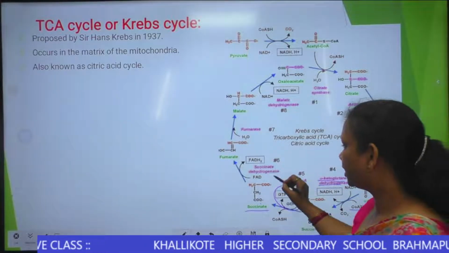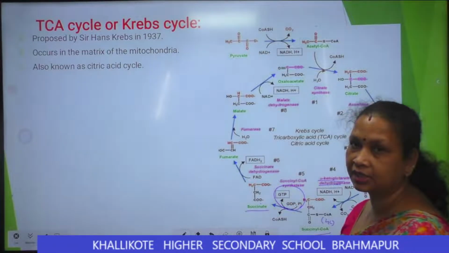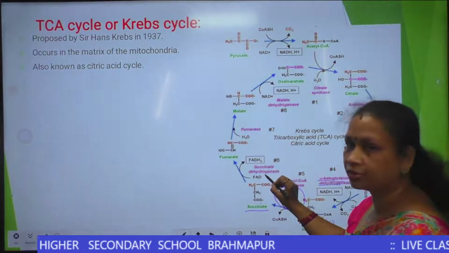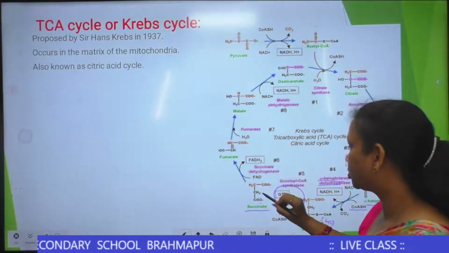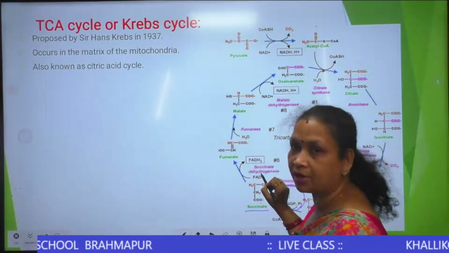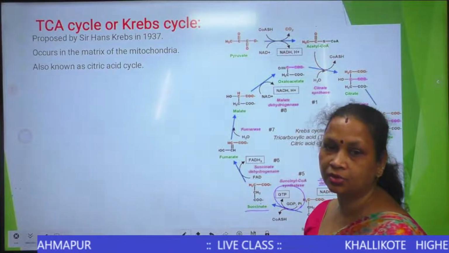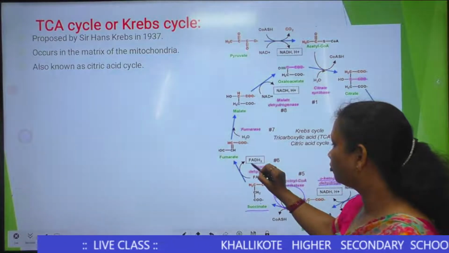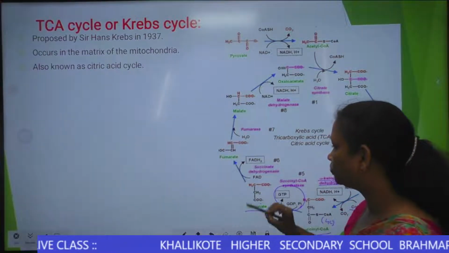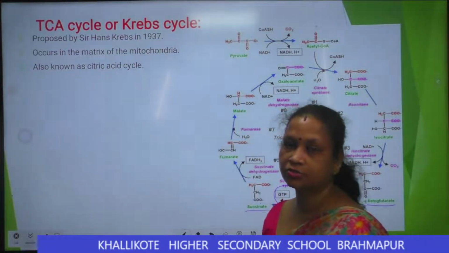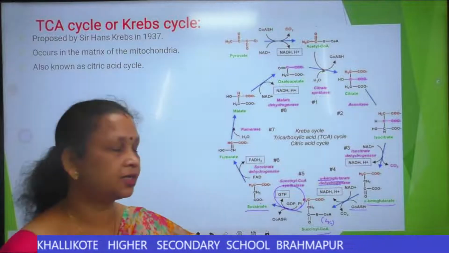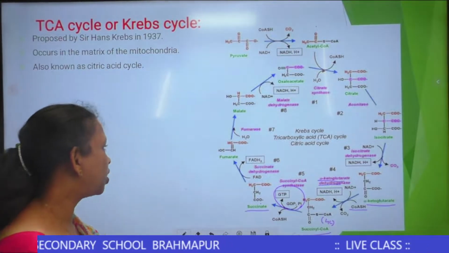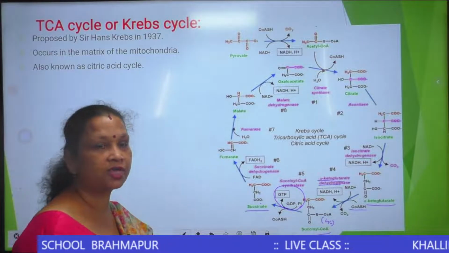So, succinate in presence of succinate dehydrogenase, the pair of hydrogen that is released in this process is accepted by flavin adenine dinucleotide or FAD to become a molecule of FADH2, and then what is formed is the 4-carbon fumarate molecule. This fumarate molecule adds up water in presence of enzyme fumarase.